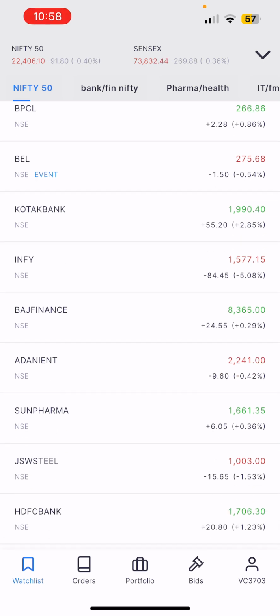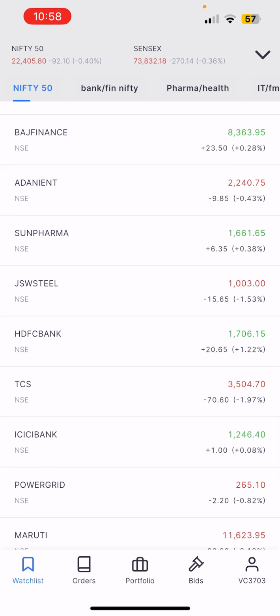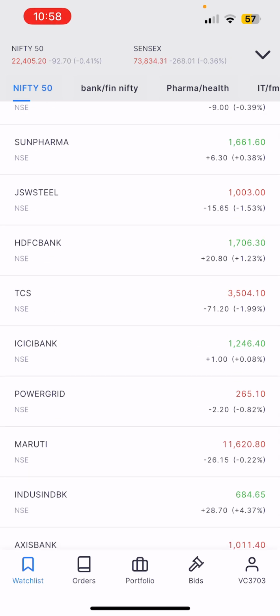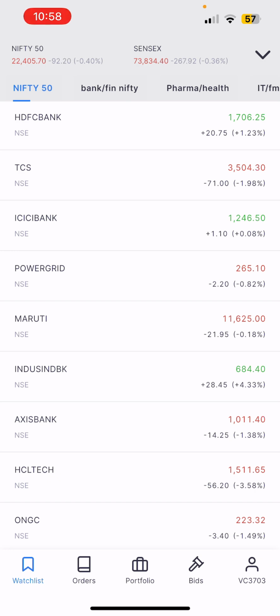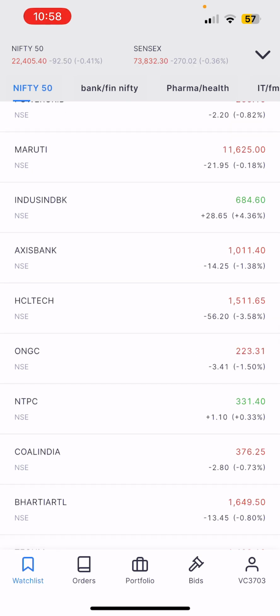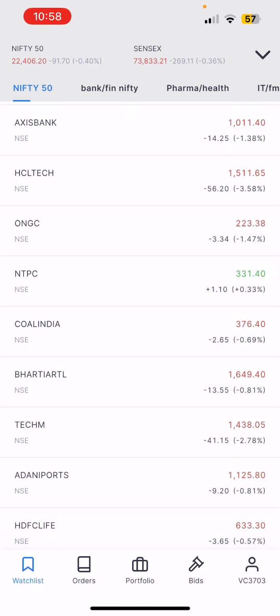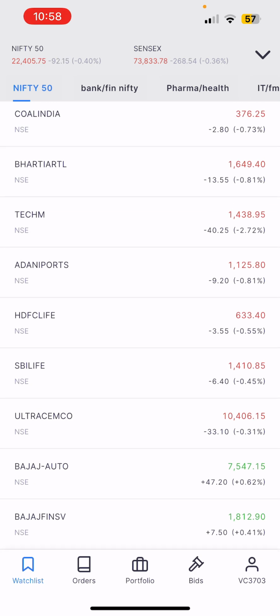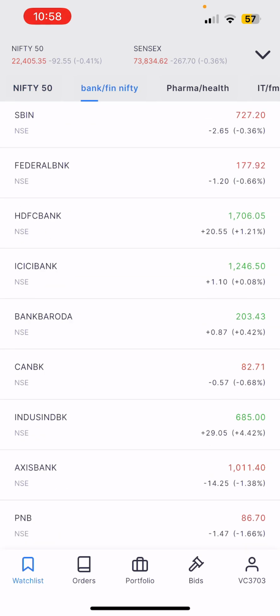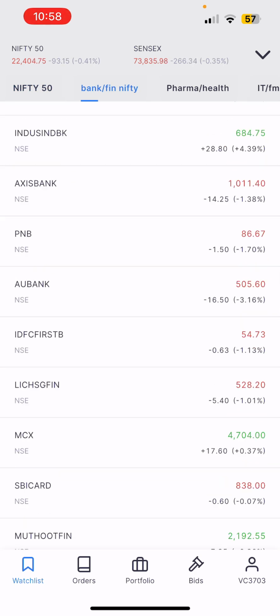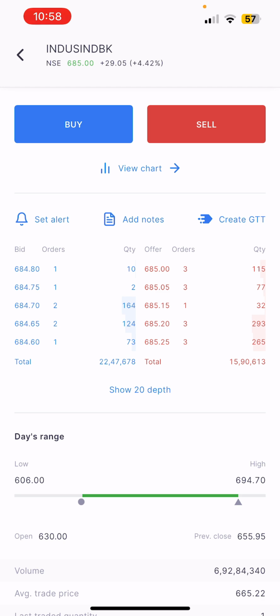Let's see one of the stocks in a live scenario. I will just show you how. Now for example, I'm not getting a right stock here, because Nifty is in a range bound scenario. 1 minute. So okay, Nifty, Bank Nifty, let's see some stocks in Bank Nifty. IndusInd Bank looks good. Okay, open the chart.